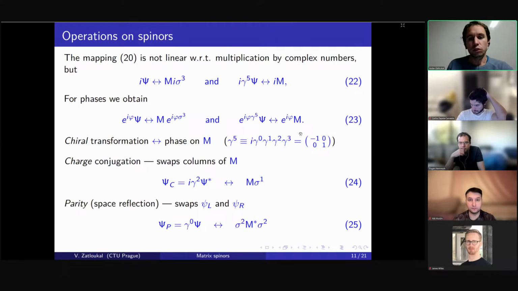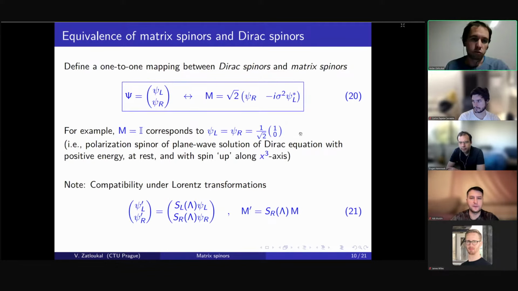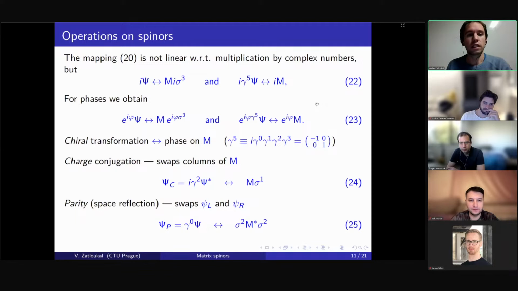Now, notably, this correspondence 20 is a one-to-one map, but it's not linear with respect to multiplication by complex scalars, because it involves this complex conjugation in the second column. So one has to be a bit careful: multiplying by i on the Dirac spinor side results in this operation on the side of the matrix spinors.